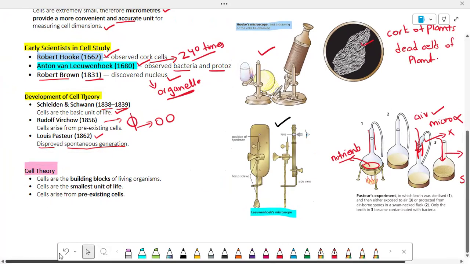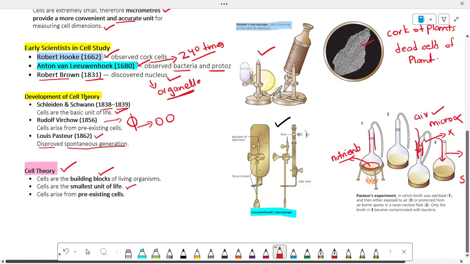From these discoveries, scientists developed the concept known as cell theory. Cell theory states three very important ideas. First, cells are the building blocks of living matter, meaning all living organisms are made up of cells. The second is that cells are the smallest unit of life, meaning the basic unit of life.